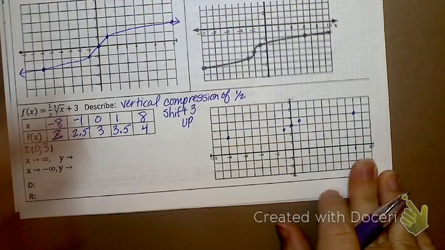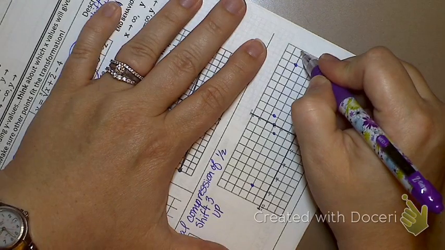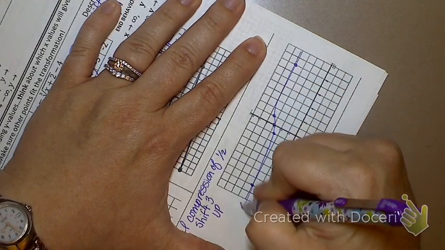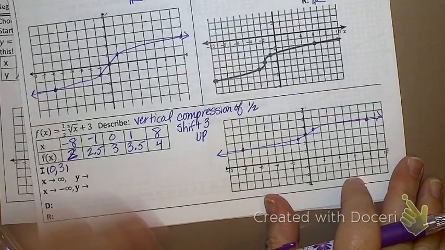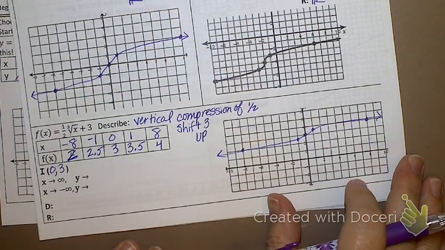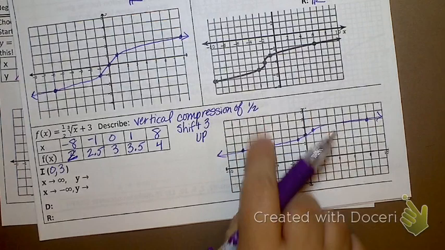So we had a vertical compression, which means we've got a really flattish, wide and skinny graph. You see how it was taller here and now it's been kind of squished a bit. It's been squished by half.